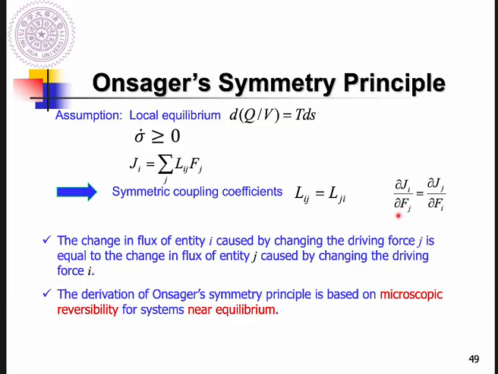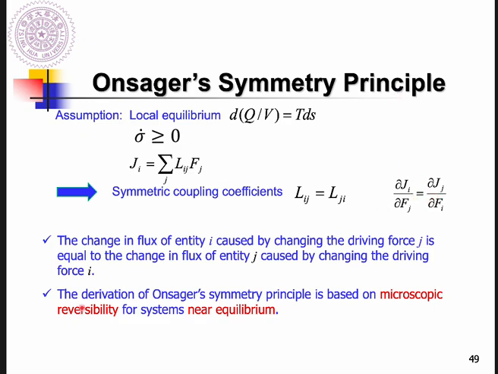In other words, when you apply a unit of Fj, the change in flux I we call Lij, where the right-hand side is the driving force, J, and the left-hand side is the flux. And you can also explain that when you apply one unit of Fi, the change in Jj, you write it down as the driving force and the flux, so it's Lji. And due to Onsager symmetry, they are the same.